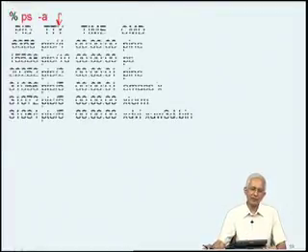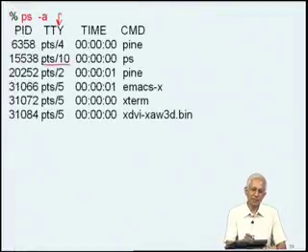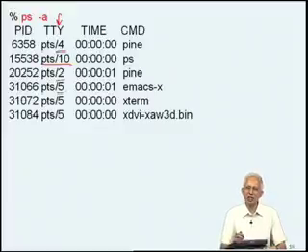What I am getting in the ps -a listing is information about what is happening from other terminals as well, conceivably other users or something of that kind. So it looks like there are at least 3 other terminals active, and programs in execution from those terminals as well.